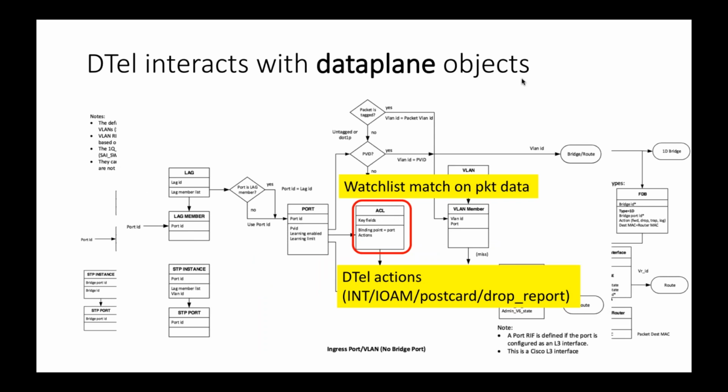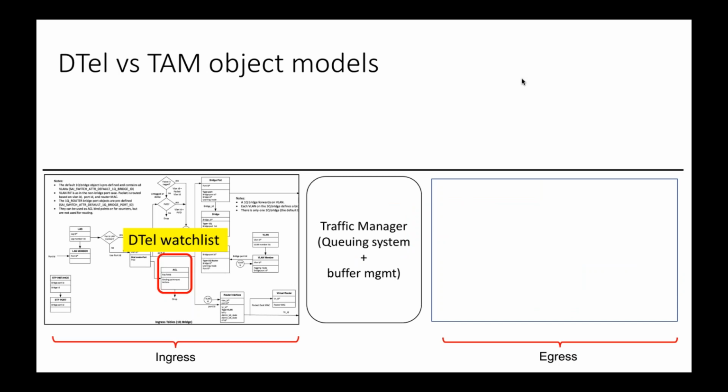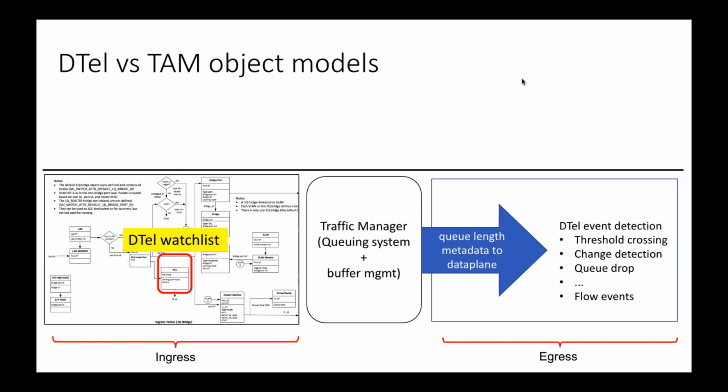And for example, our detailed watch list is also interacting with those other data plane objects, and where the telemetry watch list sits in the data plane object relationships, and the data flow, is also very important to understand. And this goes further. This is all about the ingress pipeline. But if you talk about some other metadata we can collect, ingress or egress, there is a major difference in how we collect even the queue information.